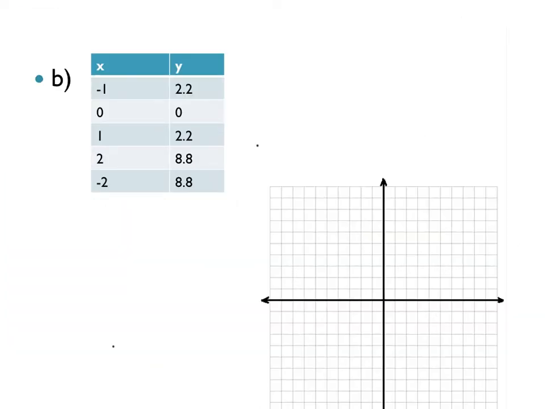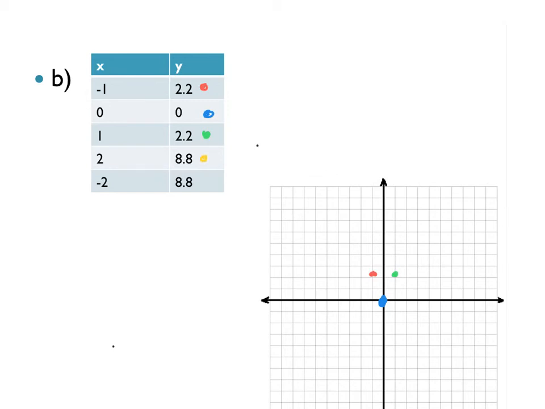Negative 1, and then 2.2 is kind of like right here. Then you got a 0, 0. Then we have 1, 2.2, somewhere up there.